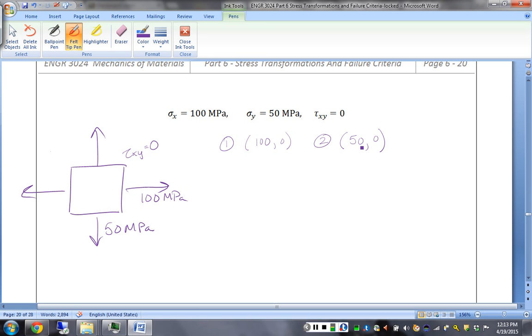This is going to be a slightly different looking Moore's circle than we've dealt with before.